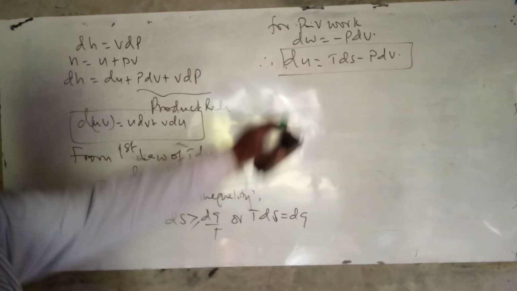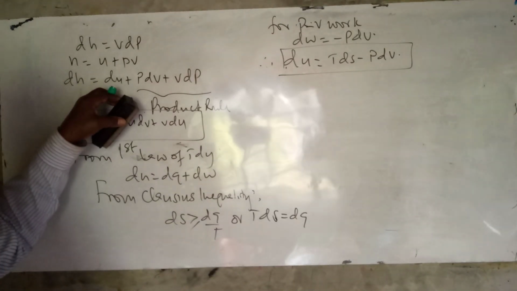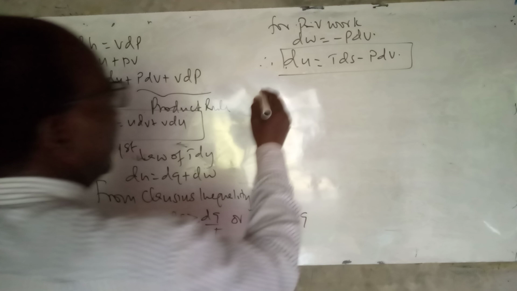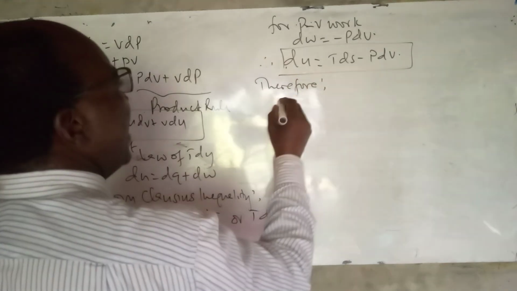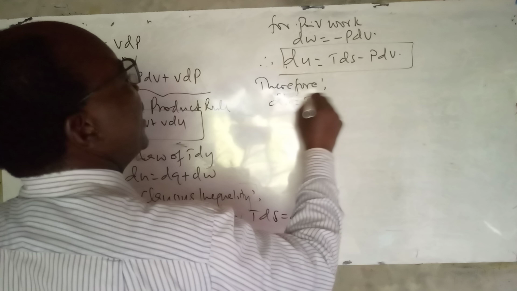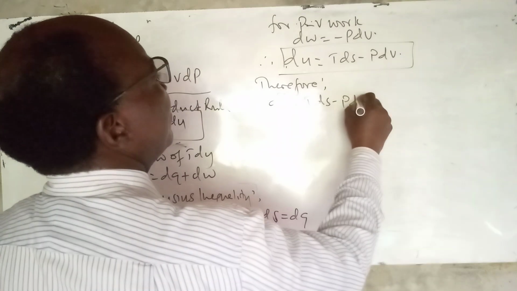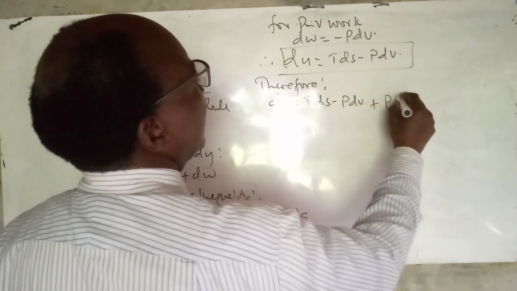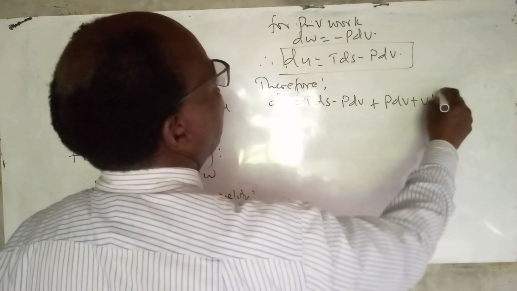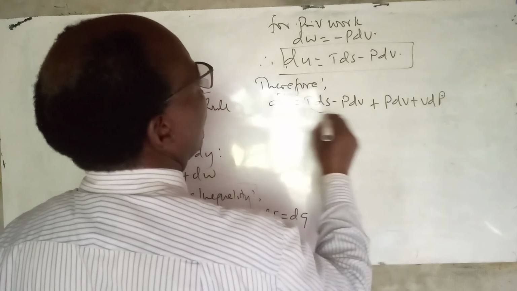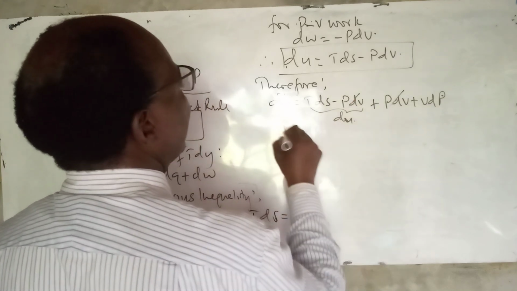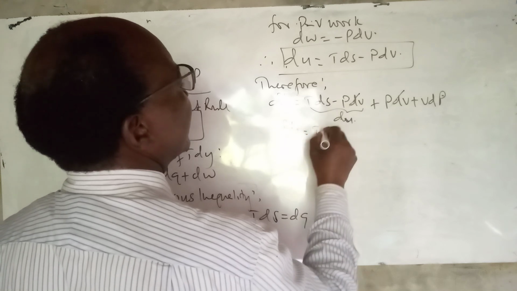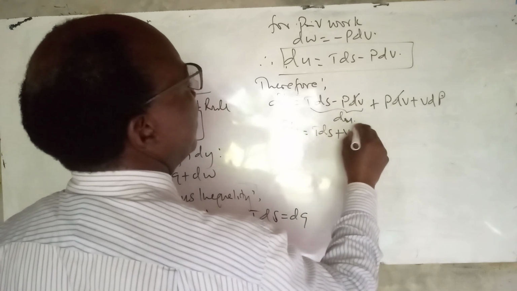So substituting this expression for dU into the expression for change in enthalpy, we have dH is equal to TdS minus PdV plus PdV plus V dP. This, of course, is dU. So these two terms cancel, and we have dH is equal to TdS plus V dP.